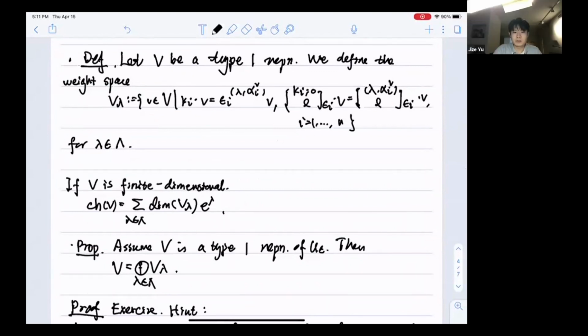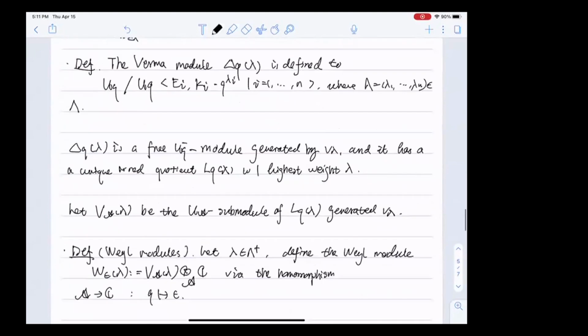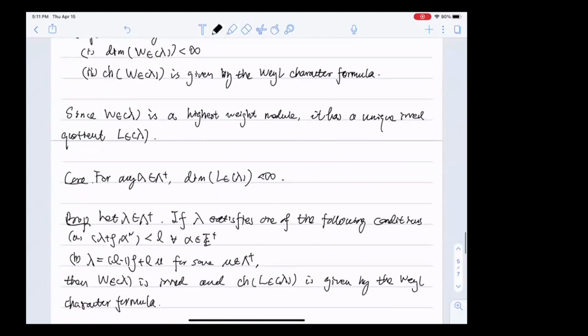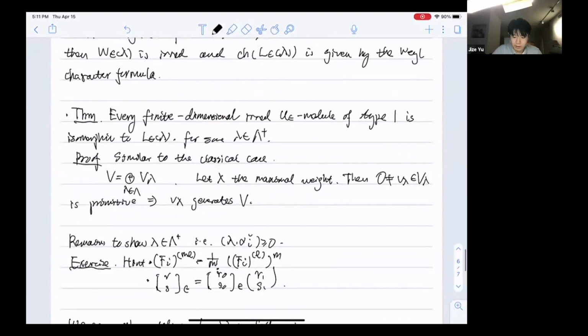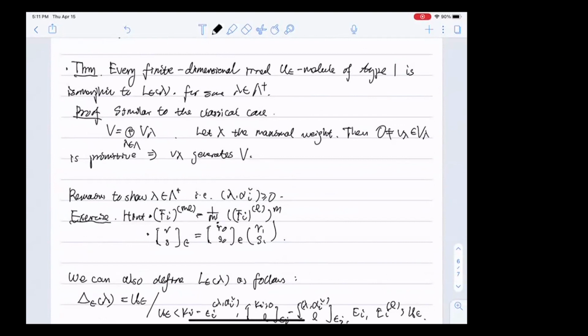Sorry, which proof were you referring to? That every simple was just one of these L lambdas. Yes, this is as marked for L epsilon lambda. Are you talking about the proof of this one? Yeah, exactly. So maybe to answer the first question, we did not.